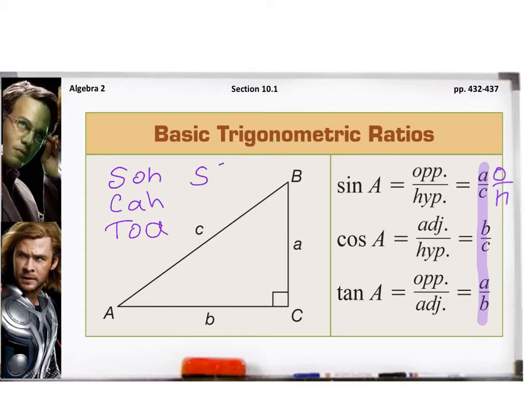Sine is opposite over hypotenuse. Cosine is adjacent over hypotenuse. Tangent is opposite over adjacent. SOHCAHTOA. That's an acronym you can use to remember how to do these functions. Opposite over hypotenuse, adjacent over hypotenuse, and opposite over adjacent.